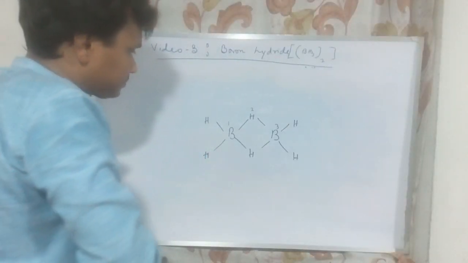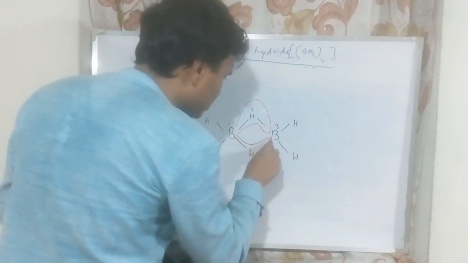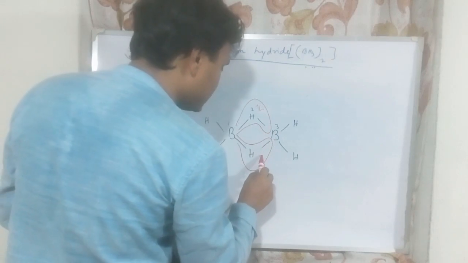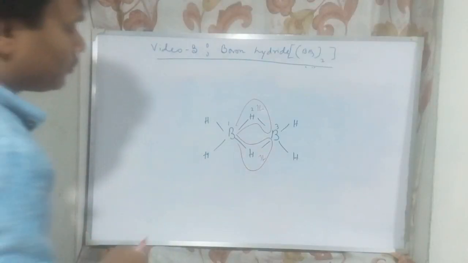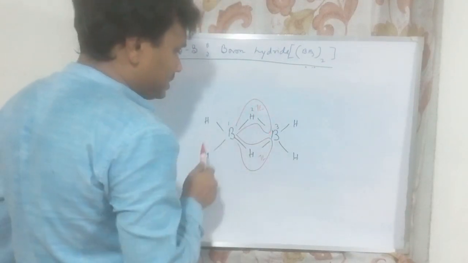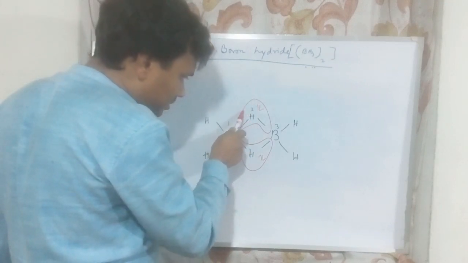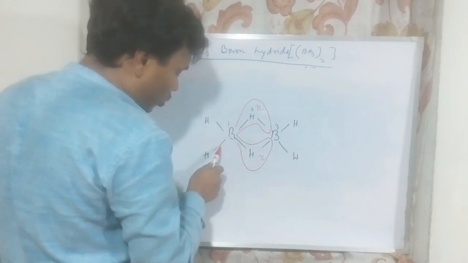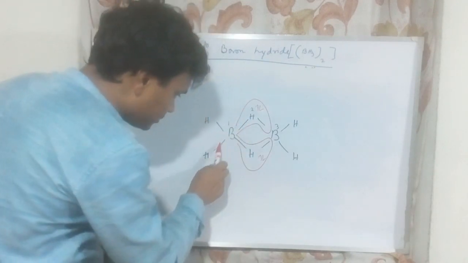For example, here is one pair of electrons and here is one pair of electrons, and this electron pair is shared by 3 atoms. When this electron pair is shared over 3 atoms, then it is expected that the probability of finding this electron pair in this bond region between this BH bond will be lesser compared to this 2-center 2-electron bond of this BH.